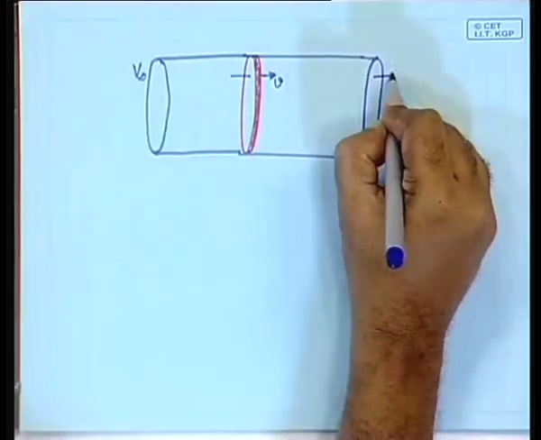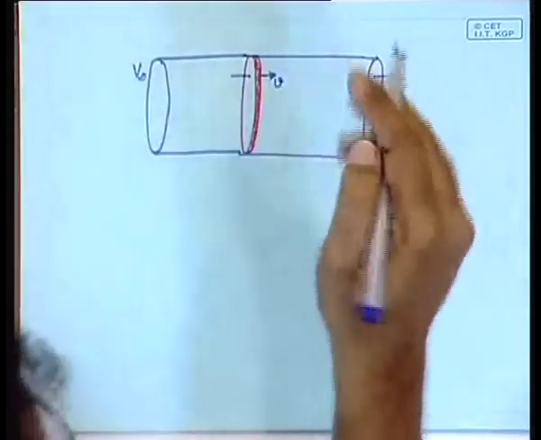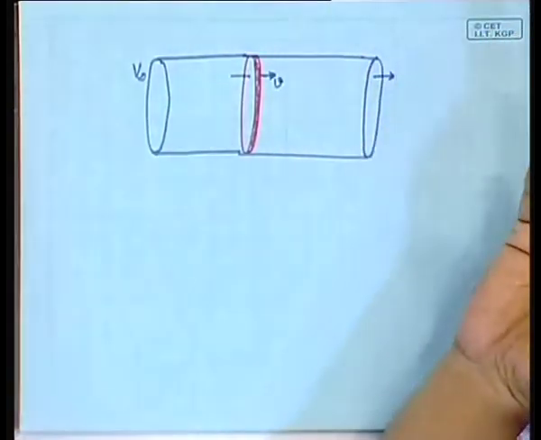And when it reaches here, what should be the velocity? It will not be V infinity, because had it been V infinity, no energy would have been extracted. You have extracted some amount of energy, so the velocity here should be something different. If it is V infinity, then obviously it contains the same amount of energy that it did when it was here. Some amount of energy has been taken out.